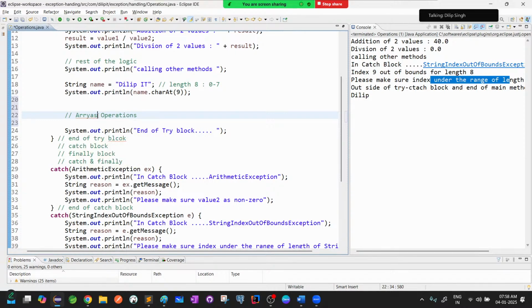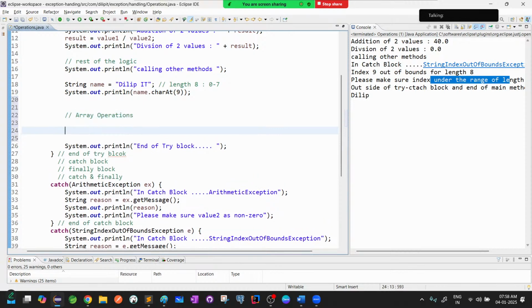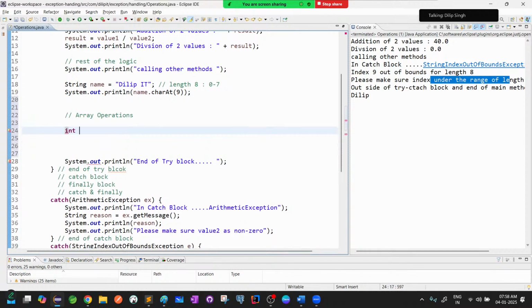In this case, I'm taking some array, an integer array of IDs, with some values as part of this: 1, 20, 55, 66, something. I've taken some values here. It's an integer array.